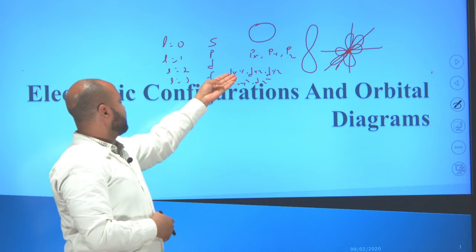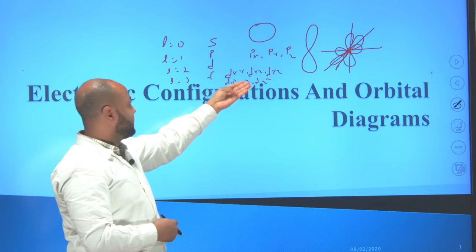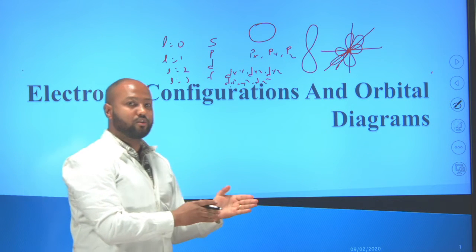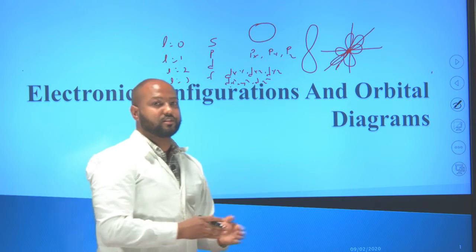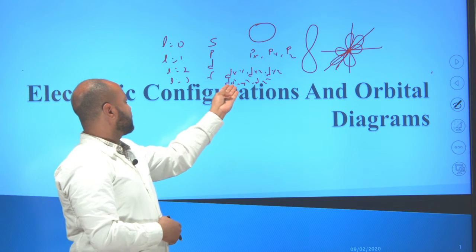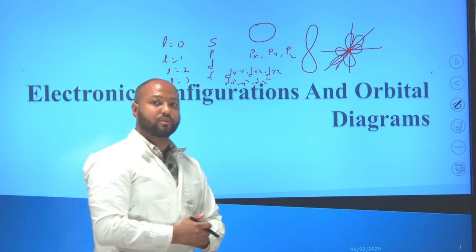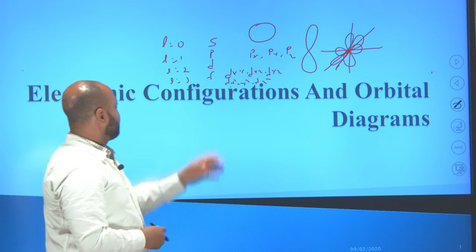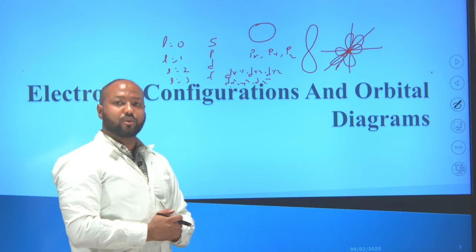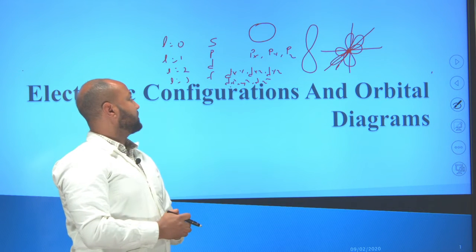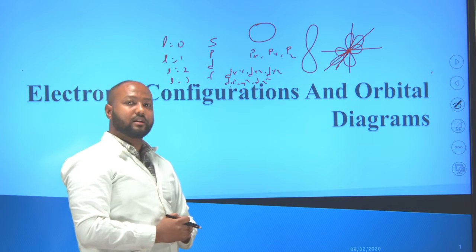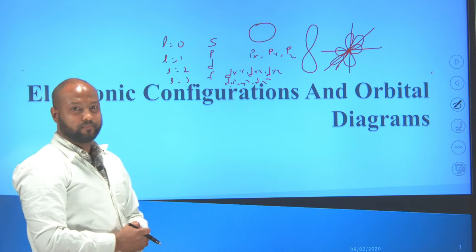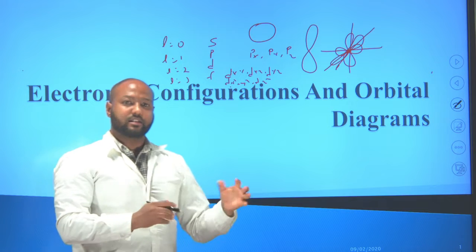Remember, the d orbitals dxy, dxz and dyz are oriented between the axes. The two, dx squared minus y squared and dz squared, are oriented on the axes. As you see, d orbitals are more complex than p orbitals, and f orbitals are more complicated than d orbitals. It was the last class lesson.